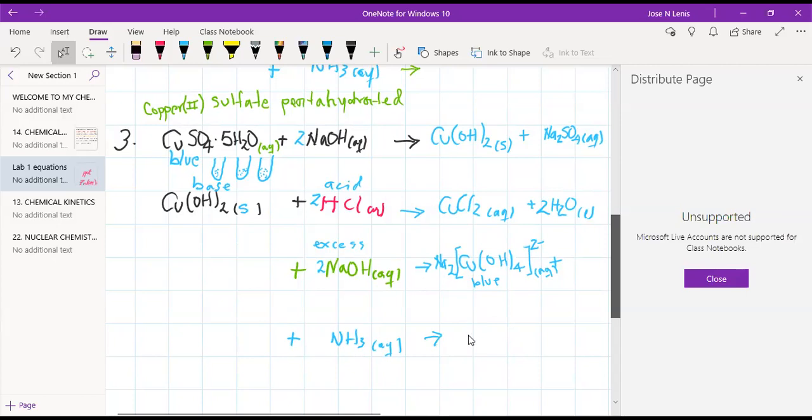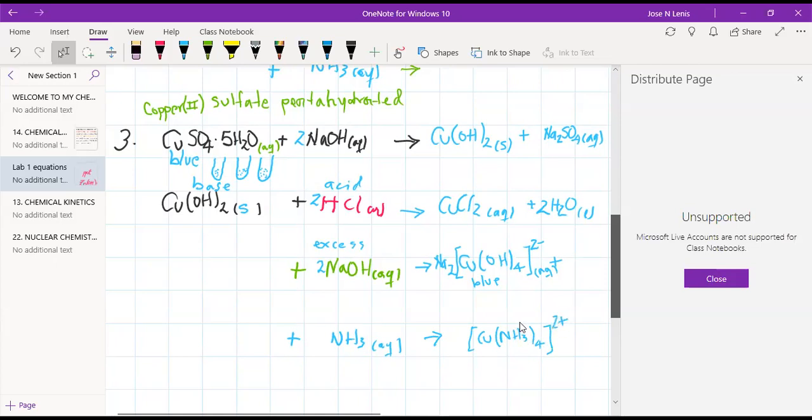Now this time it turns right away into a deep blue solution, forming a complex copper NH3 4 2 plus.